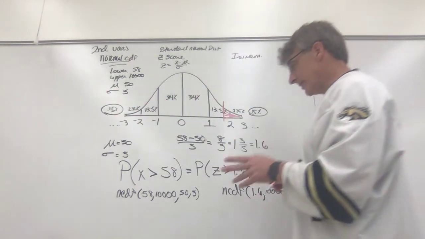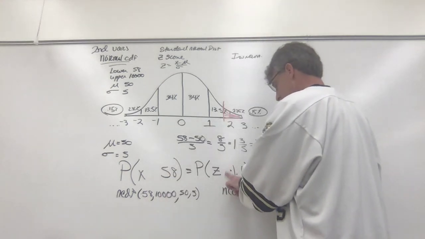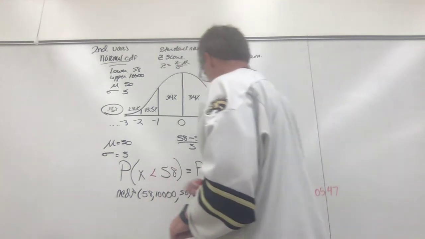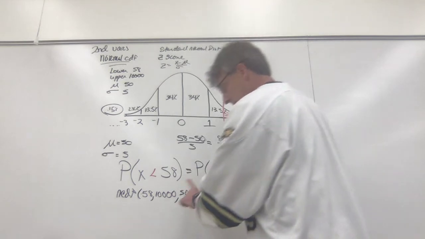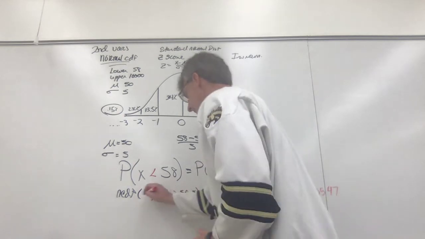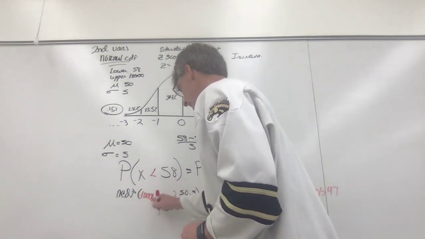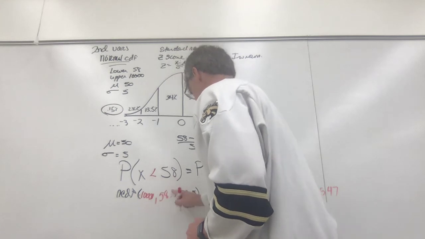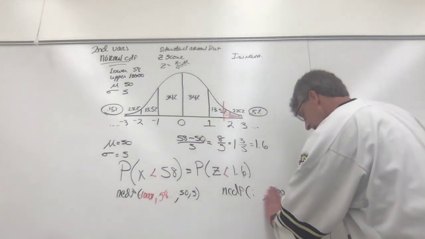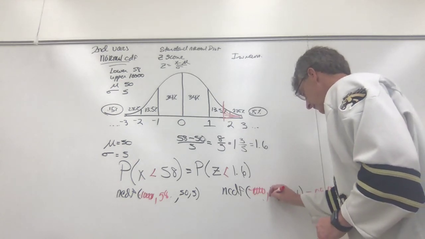So if I changed this way, and I made it less than, what would have to happen here is that these would have to flip. So you'd have 10,000, and it would be negative 10,000. 58, and here would be negative 10,000 to 1.6.